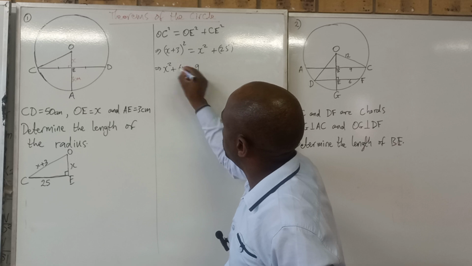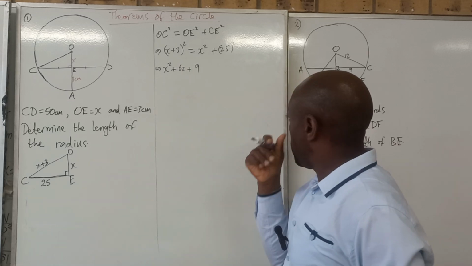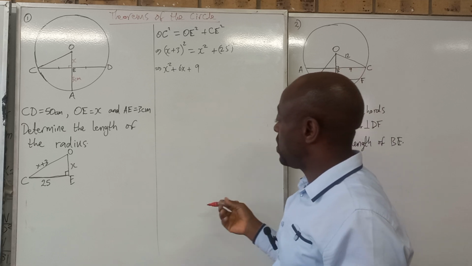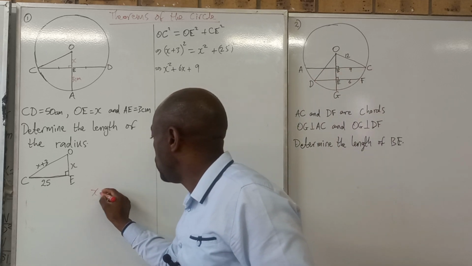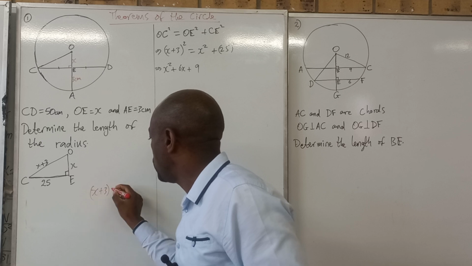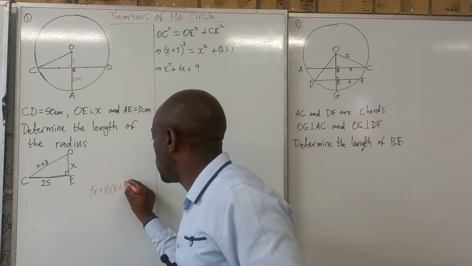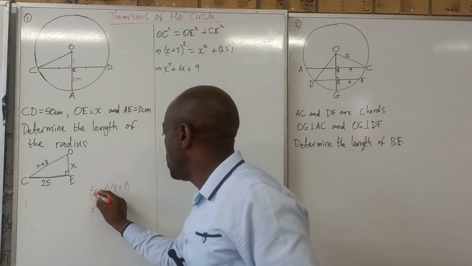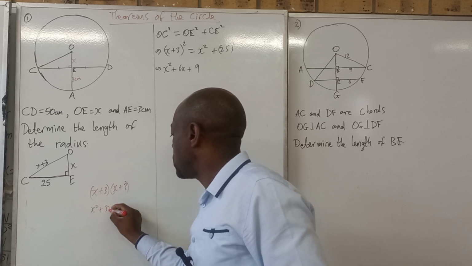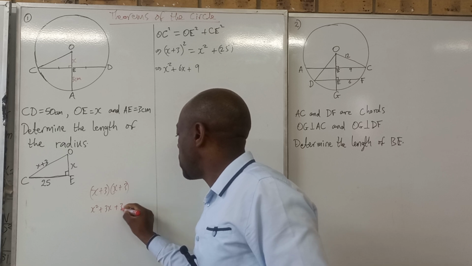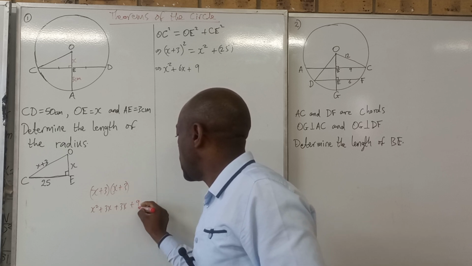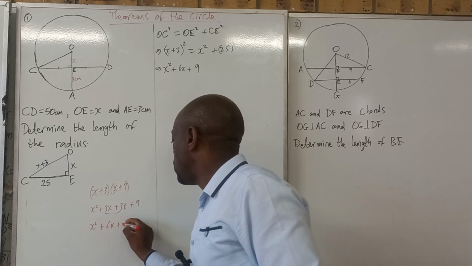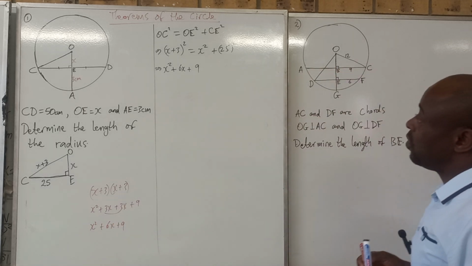That is my own fast way of helping my students do this expansion, even though you can still do what you are familiar with from high school, taking x plus 3 times x plus 3. You see, x times x is x squared, x times 3 is 3x, 3 times x is another 3x, 3 times 3 is 9, and this will take you to 6x. That is how you can do it if you want to take all the time in the world.